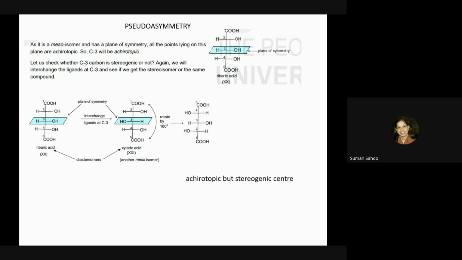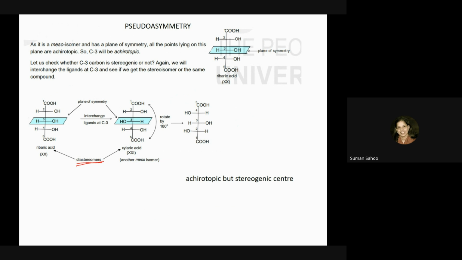So we will see whether this carbon number 3 is chirotopic or not. Okay, but as this molecule is not chiral, we would again check whether carbon number 3 is stereogenic or not. So if we interchange the OH groups and hydrogens at carbon number 3, we would see that they give different compounds.